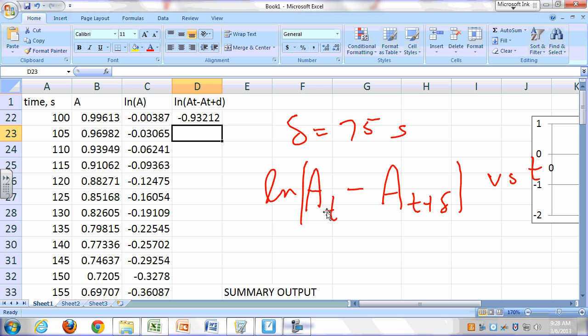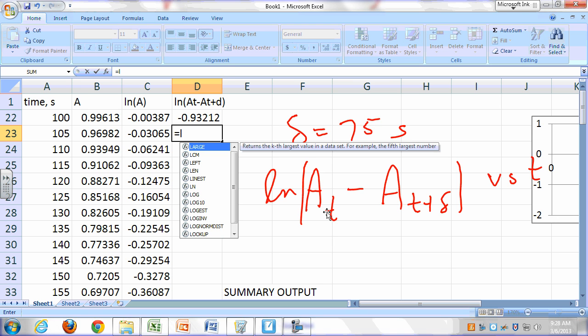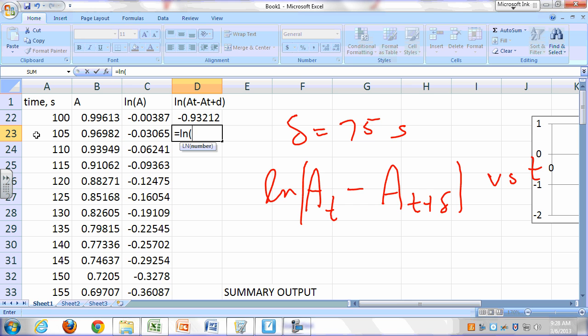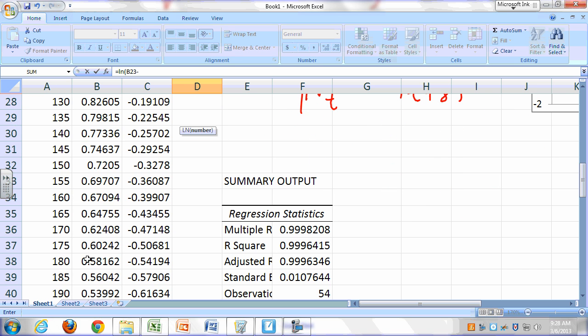All right, how about this one? Can I just copy that formula down? This is now going to be ln of A at time t, which is going to be B23 over here. That's at 105 seconds, minus the absorbance at 180 seconds. So 180 seconds is down here.